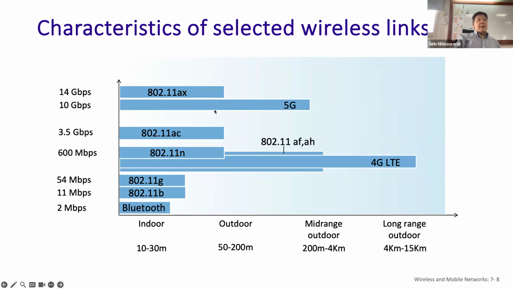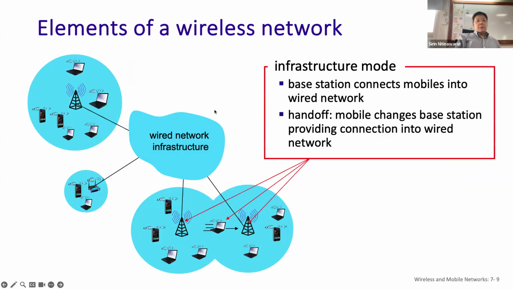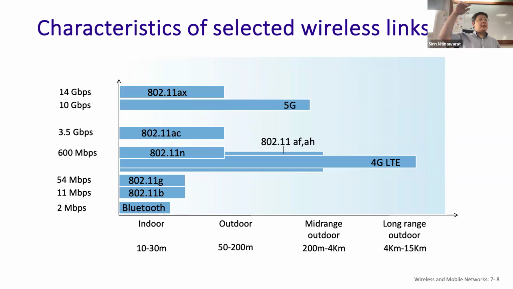We will talk more about them in detail. Right now it is AX and I believe AC, but the new one is coming. They have nicknames as well, like Wi-Fi 5, Wi-Fi 6. I will talk about them in detail shortly. As you can see in this picture, the most recent one here is AX.